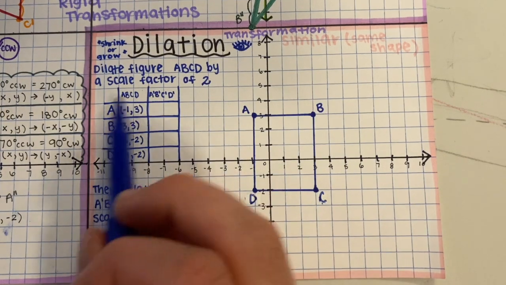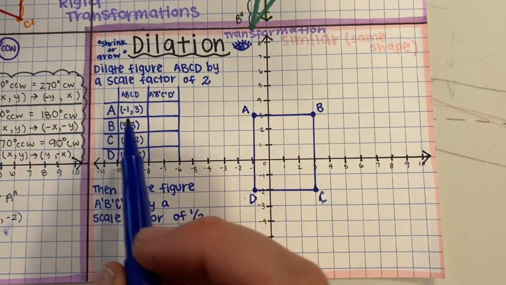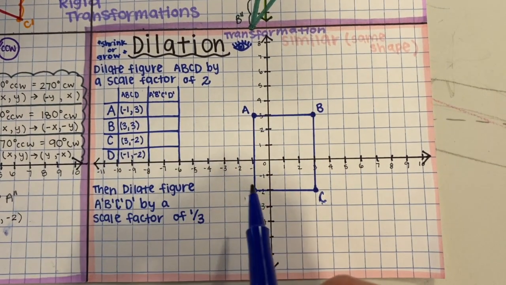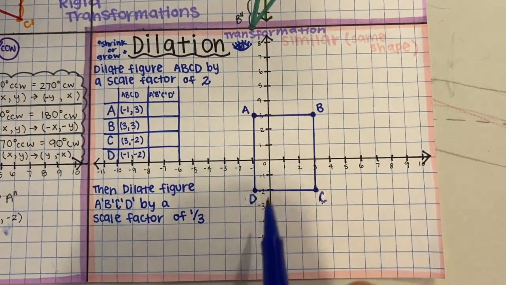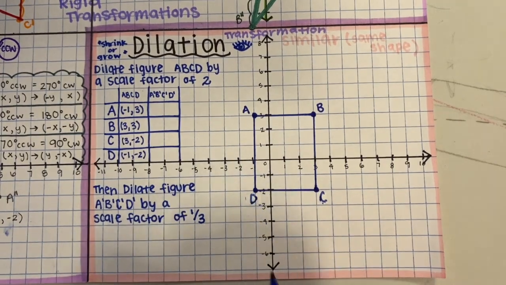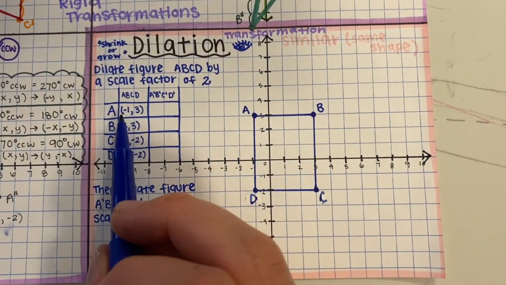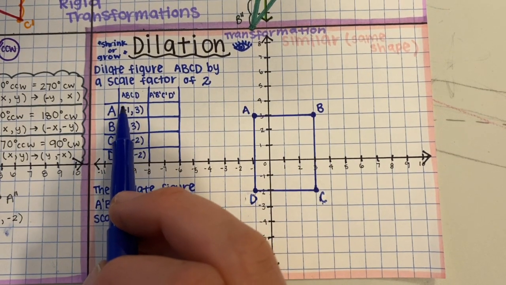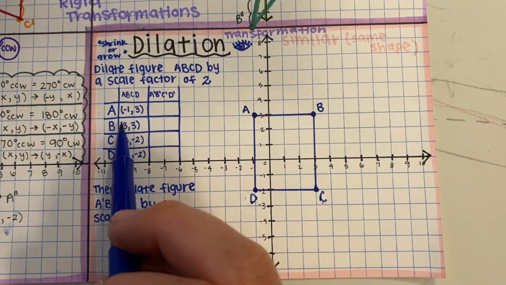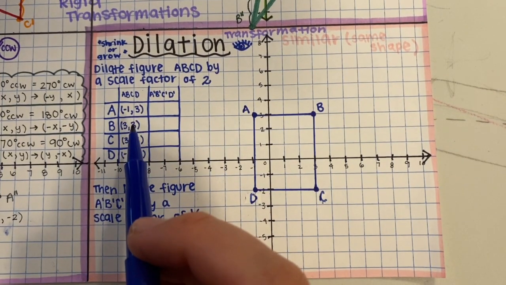If they haven't set up a table like this for you, which they will not have ever set up for you, you need to make it yourself. You need to write out each coordinate and the letter that it goes with. And then you know that when you're dilating it, you are multiplying each value of each coordinate by 2.